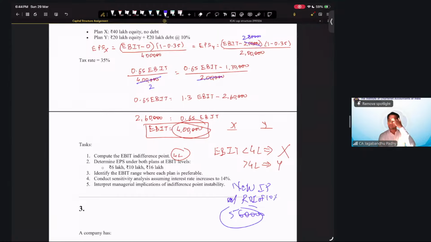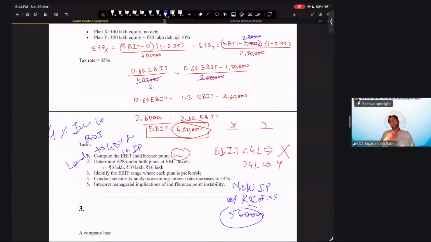Yeah. Okay, so you can see as the rate of interest increases by 4%, your EBIT is increasing from 4 lakh to 5 lakh 60, right? So a 4% increase in rate of interest leads to, can I say, a 40% increase in indifference point level.